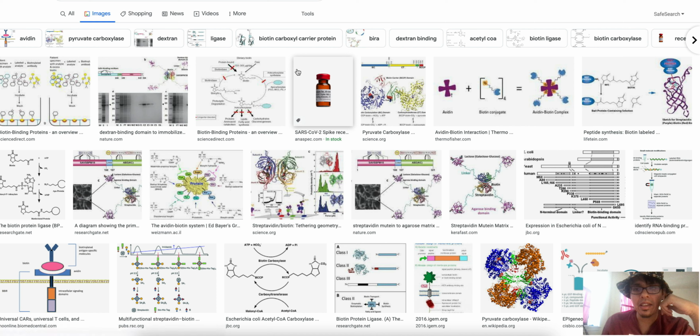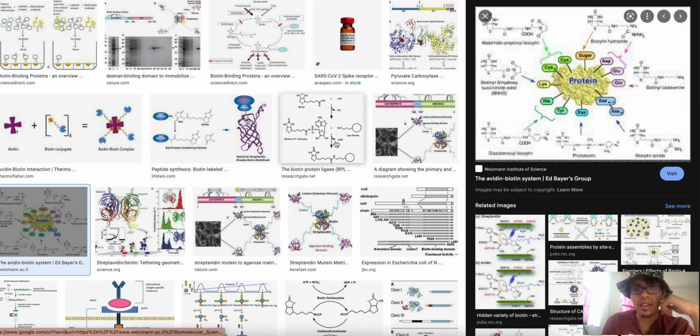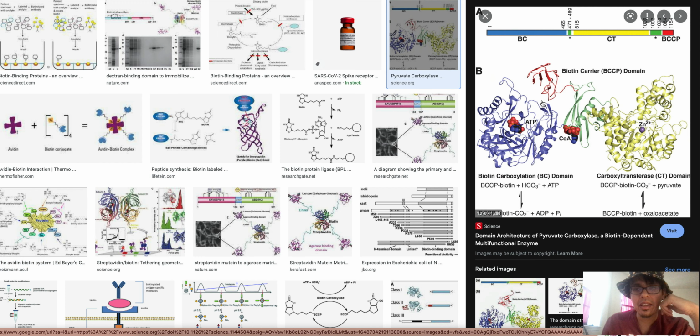You probably see it in the store, but pyruvate carboxylase, without going super into it, has a biotin carboxylation domain. Okay, so this biotin carboxylation domain requires that you bind CO2 to it.